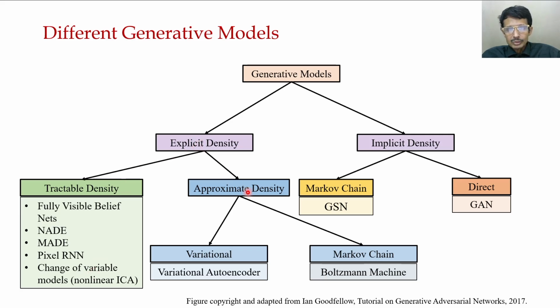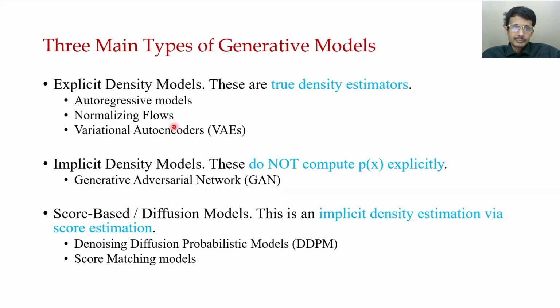Some will approximate density, and that approximation is called variational and Markov chain. Variational is called variational autoencoder. It is also an explicit density, that is what we have seen.